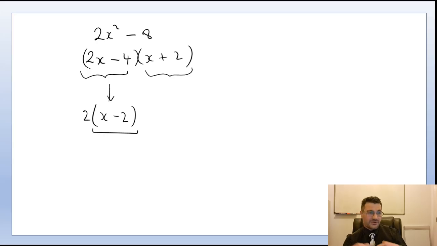So in other words, we can adjust what exactly we consider as a factor. It is really up to a constant multiple. So we can have x plus 2 as a factor, but also we could consider 2x plus 4 as a factor. We could take the 2 out of the other bracket, out of the 2x minus 4, and shift it over into the other bracket to give 2x plus 4 as a factor.